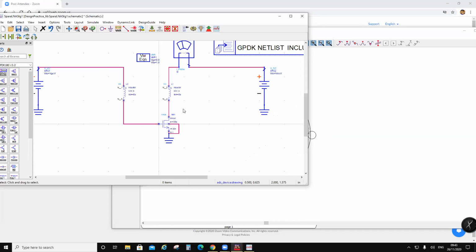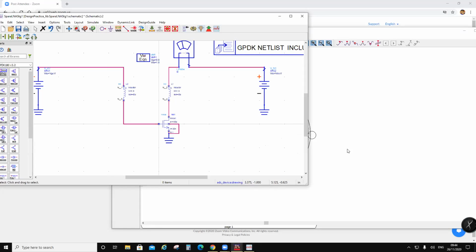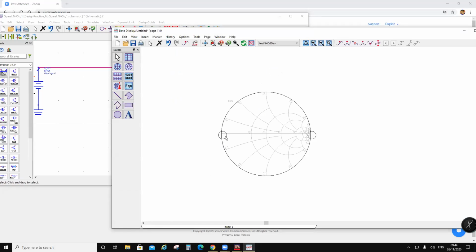Whenever people do DC characteristics, they would just directly connect the supply to the drain and the gate, and they will do a DC plot. But how do you know that the transistor was stable at the short? Maybe it is not stable at the short and it will just keep oscillating. When this transistor starts oscillating, all your DC characteristics are wrong.